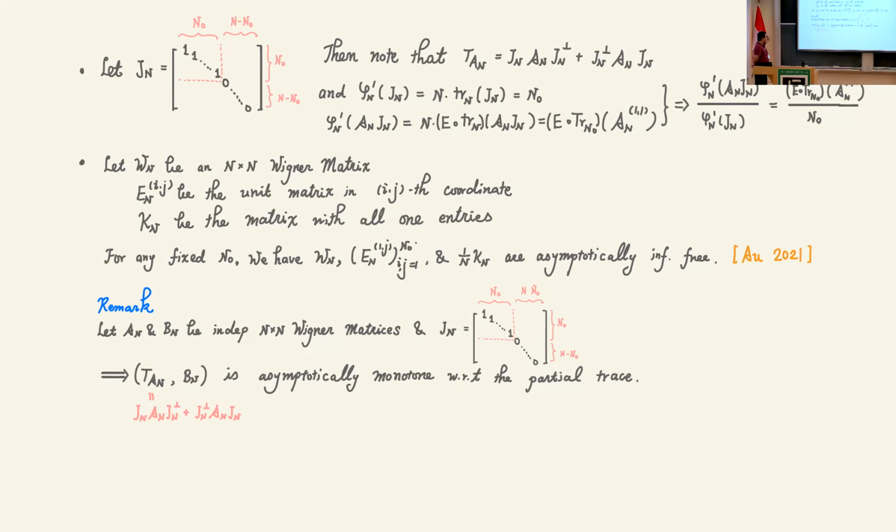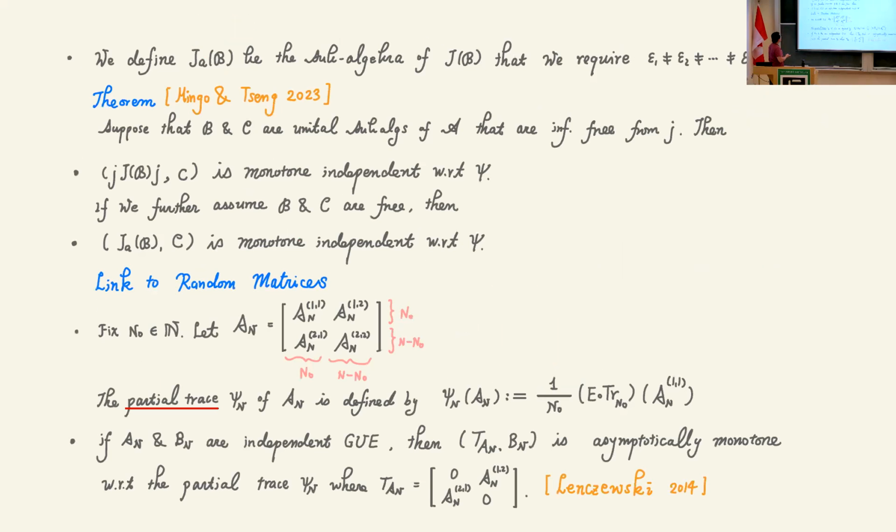And in fact, if you go back a little bit, by this form you can see the J_M can be chosen in many different ways. It can be J perp plus J perp J, and you can add more. But they will still be monotone independent, which means we are creating a way to construct lots of random models which are monotone independent.